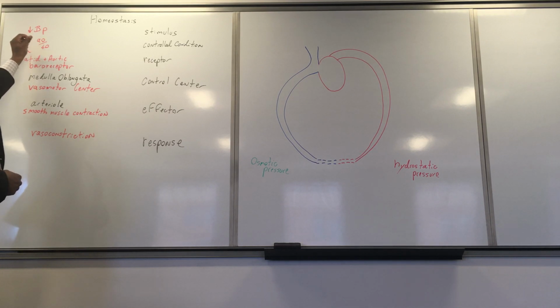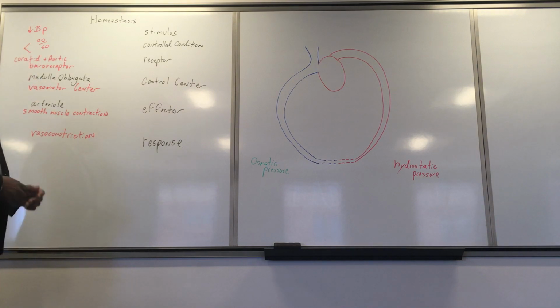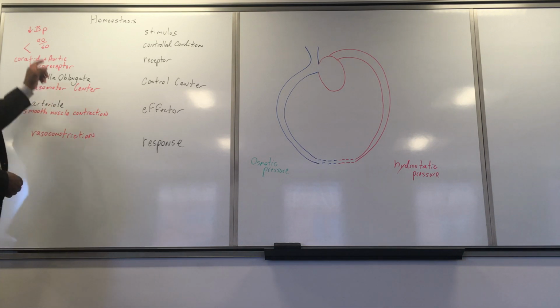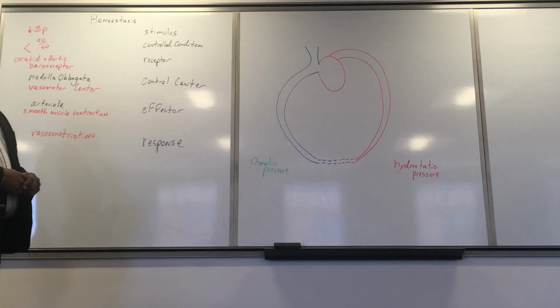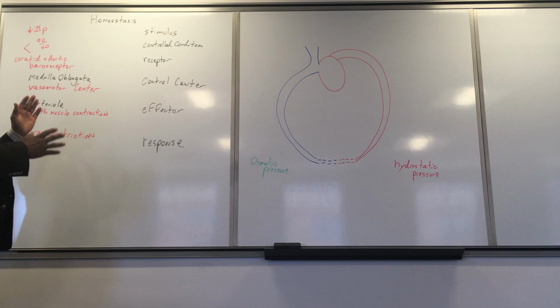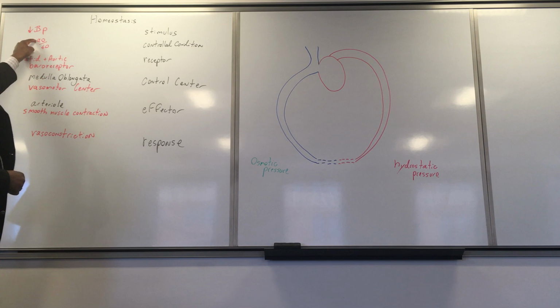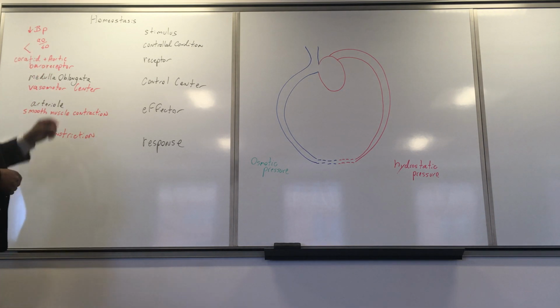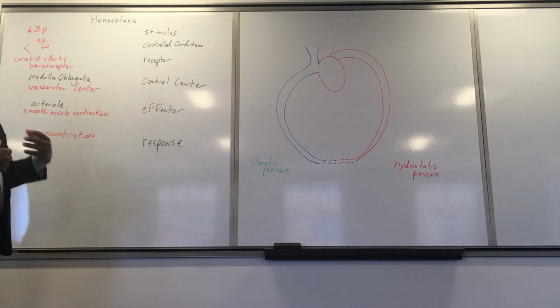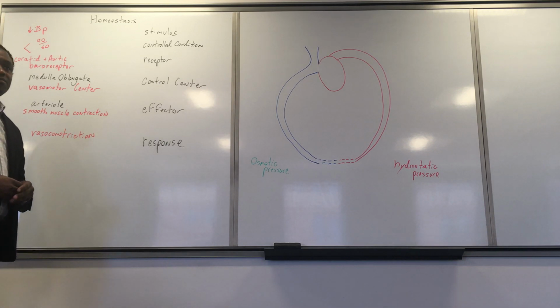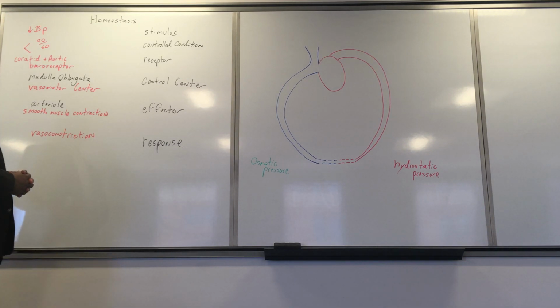Typically, normal blood pressure is between 90 over 60 and 120 over 80. Anything below that, systolic and diastolic pressure, is considered low blood pressure. That's not enough oxygen and nutrients getting to tissue.